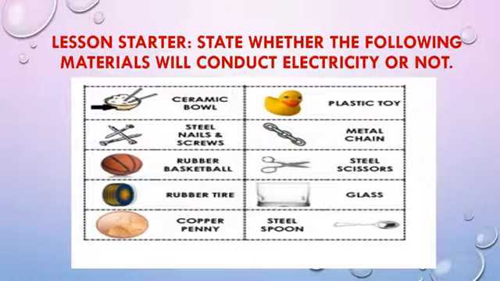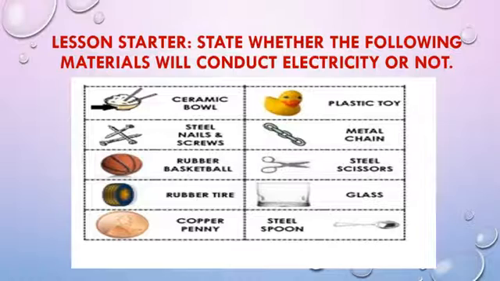So we have a ceramic bowl, steel nails and screws, a rubber basketball, a rubber tire, a copper penny or copper coin, a plastic toy, a metal chain, steel scissors, glass, and a steel spoon. So which of them will conduct electricity and which ones will not?